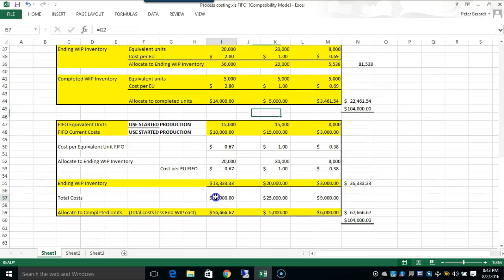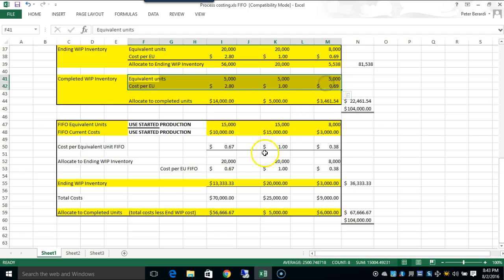Take the total cost and subtract the ending WIP valuation from total cost to get the allocation to your completed inventory on a FIFO basis. So all you're doing is really plugging it. You're taking the difference between total and your ending WIP and saying the difference has got to be my completed. So you do not even have to do this step.